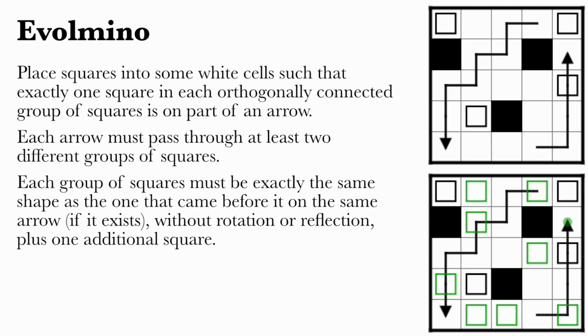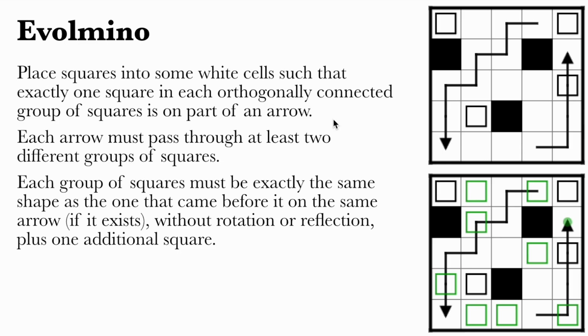The rules of Evolmino are: place squares into some white cells such that exactly one square in each orthogonally connected group of squares is on part of an arrow. Orthogonally connected means that from any one cell in the region, you can get to any other one just by traveling horizontally and vertically through the region.